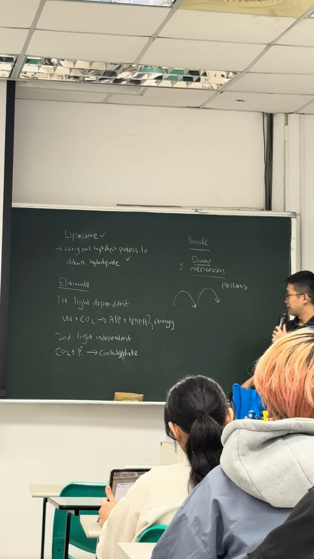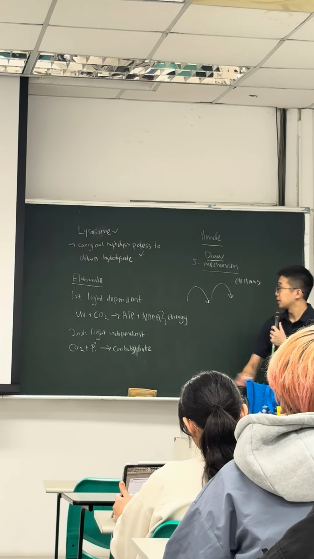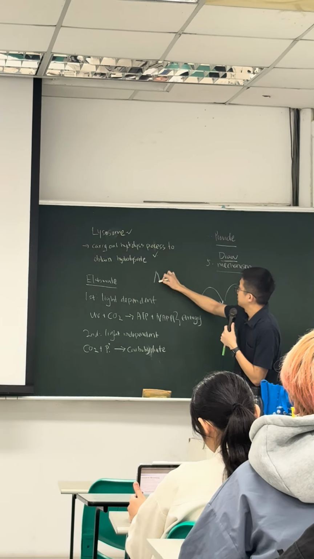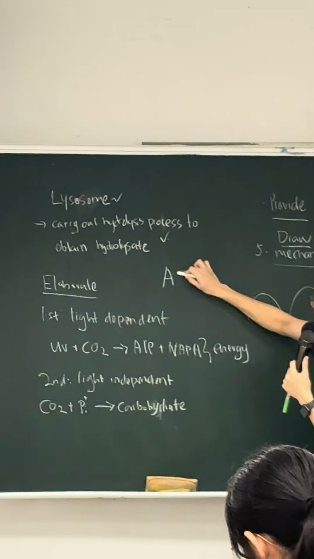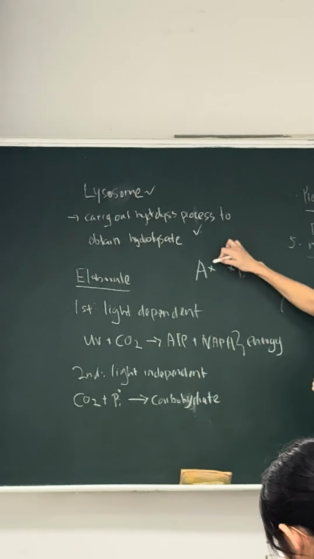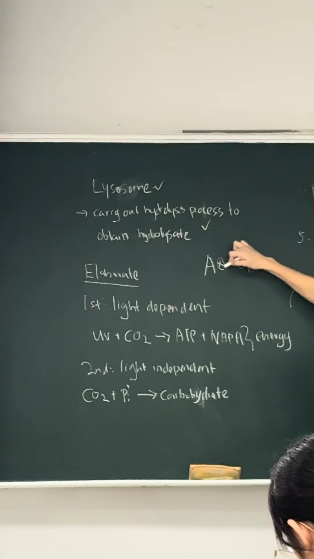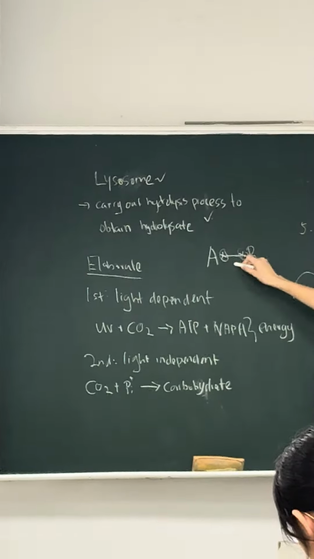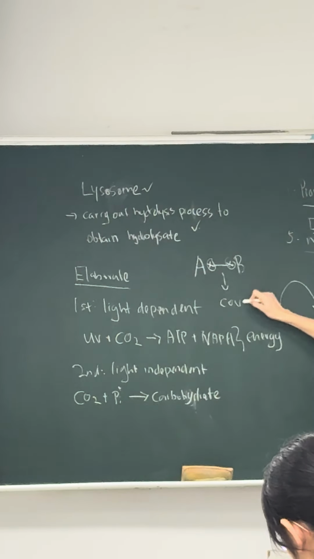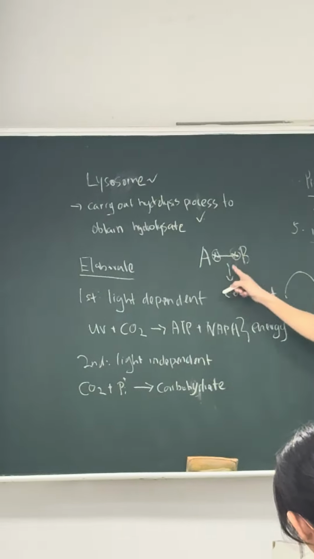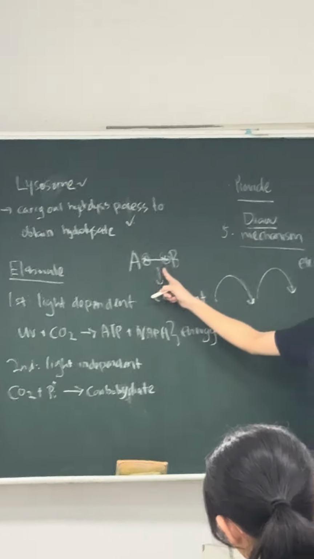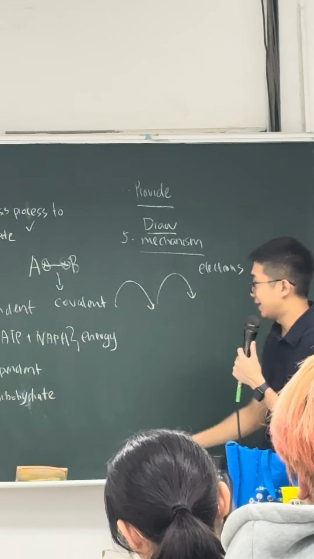A and B share one electron, two electrons, and form a covalent bond. And this bond is very strong compared to non-covalent.